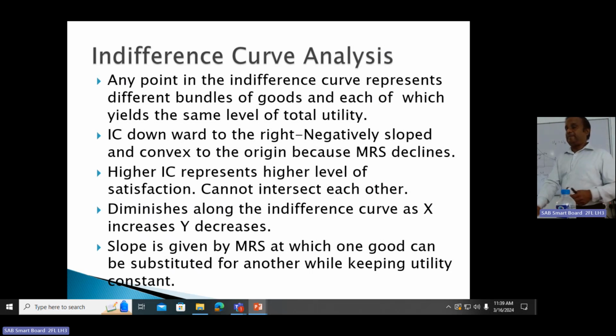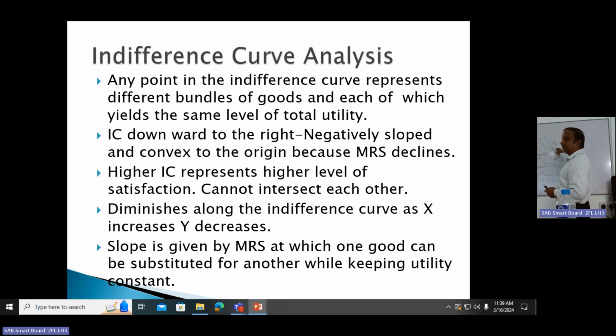Now, in the indifference map, there can be a higher or a lower level of indifference curve. A higher indifference curve explains higher combinations, which give a higher level of satisfaction. A lower indifference curve gives lower combinations, with a lower level of satisfaction.